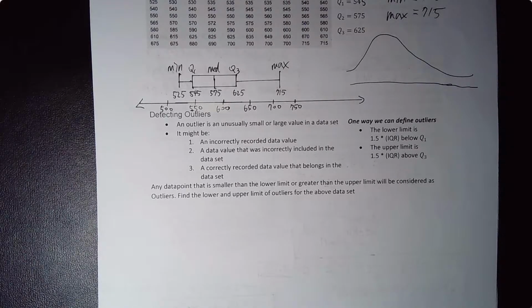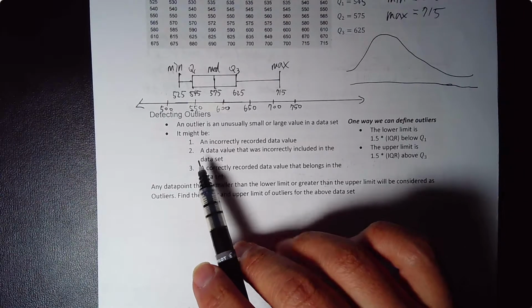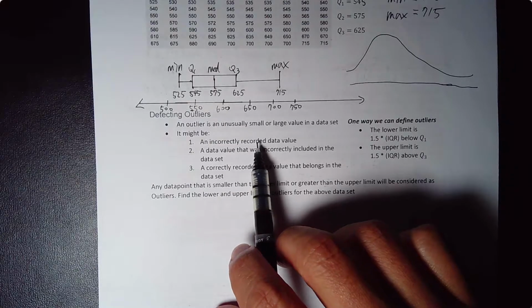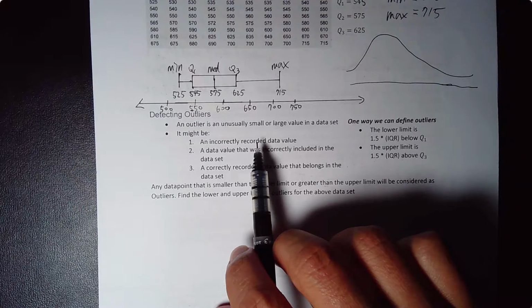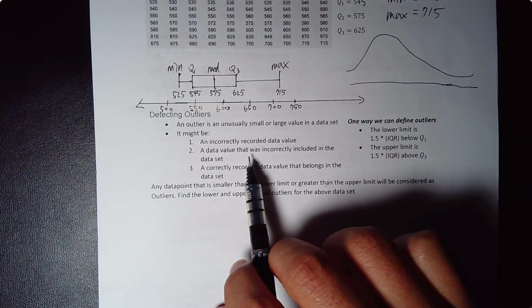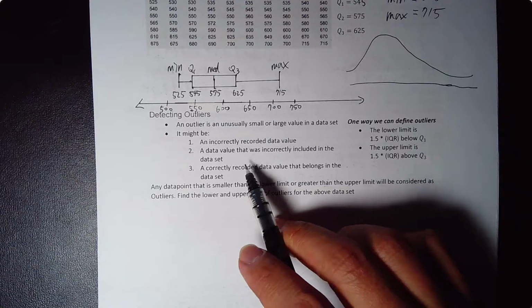That's typically the only reason why we should pay attention to outliers, extremely small or extremely large values. Something that just might look out of place, right? For example, somebody incorrectly recorded a value: you added an extra zero, or you put the decimal in the wrong place. So that could be an incorrectly recorded data value, a data value that is incorrectly included in the data set.